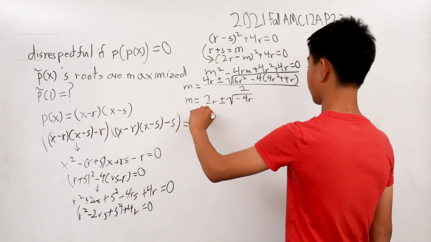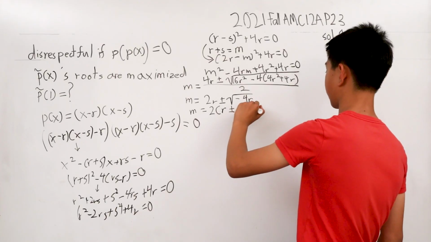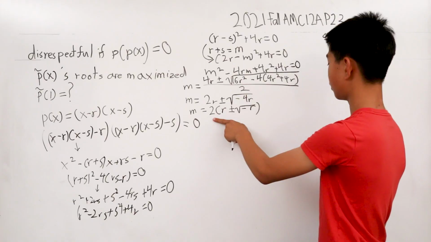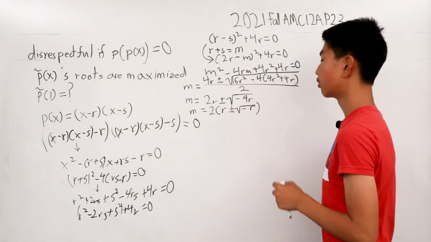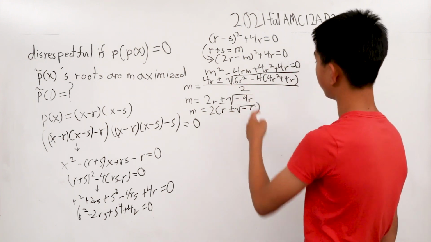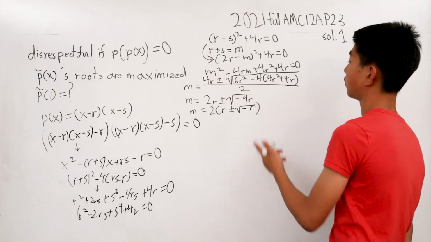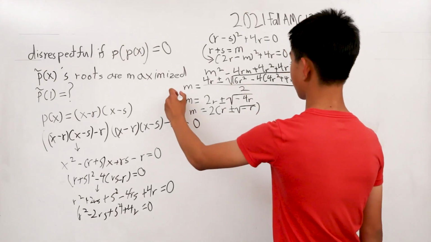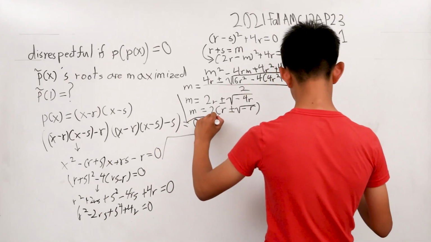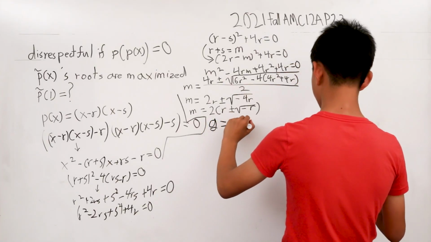So therefore m equals, factor out the 2, r plus or minus square root of negative r. Why can we do this? Well, when we multiply 2 by the square root of negative r, you get 2 root negative r. When you put that 2 inside the square root, there's a 4. So we drag out the positive component of this negative square root. Now, since this is a negative square root, it might get a bit confusing. Let's call a variable, say, q, and set it equal to the square root of negative r.